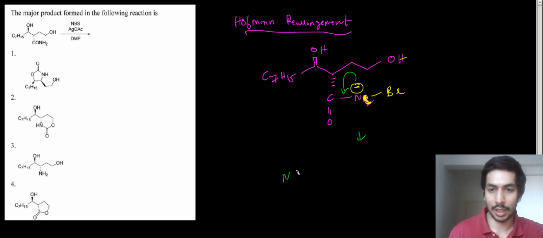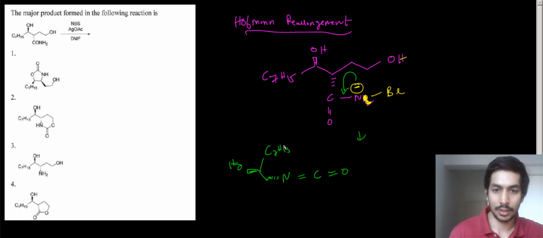We have N double bond C double bond O, and this whole group gets attached to the nitrogen, right? We have OH over here, then CH2OH and C7H15, and over here we'll have CH2OH, right?